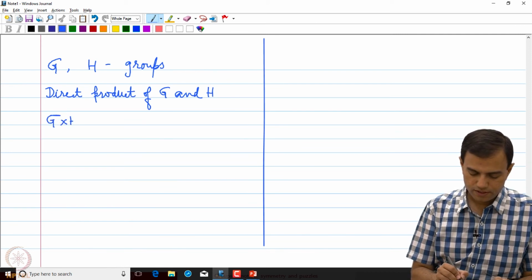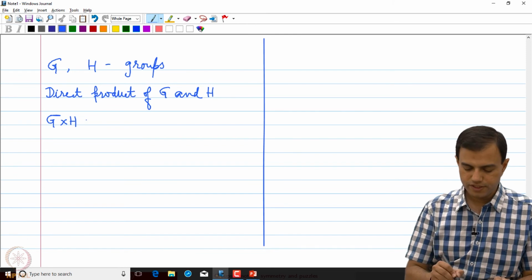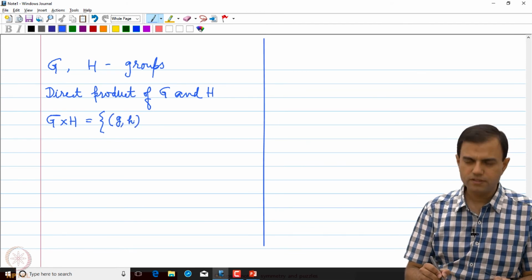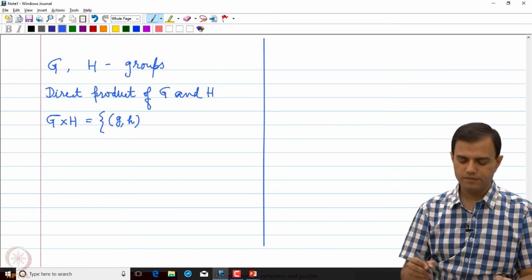Notation is G cross H. As a set, it is just a collection of pairs G comma H, just like what we have in Cartesian product.